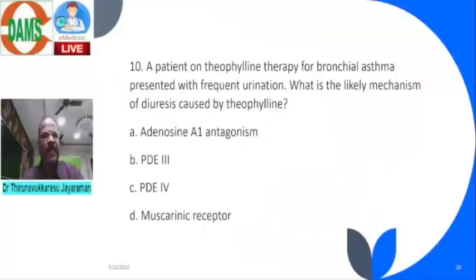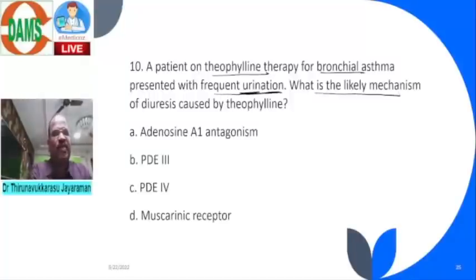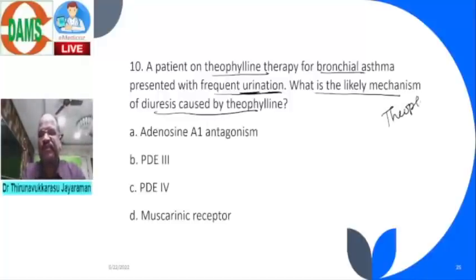Okay. Next, a patient on theophylline therapy for asthma presents with frequent urination. What is the likely mechanism of diuresis caused by theophylline? See, theophylline is a bronchodilator having multiple mechanisms of action.